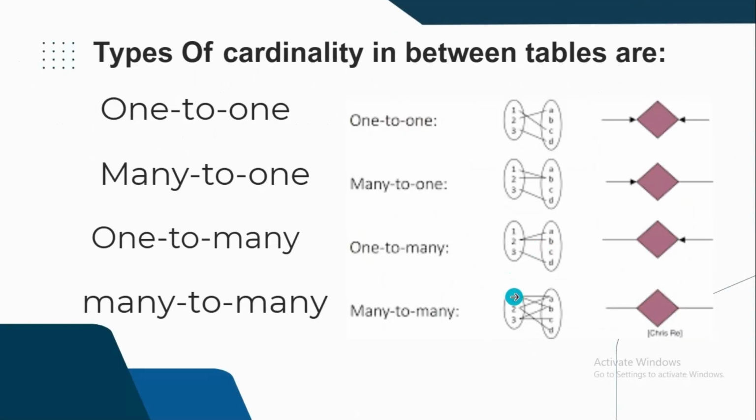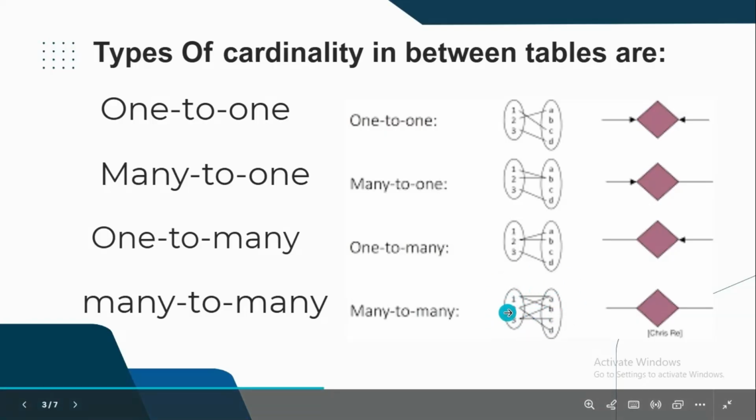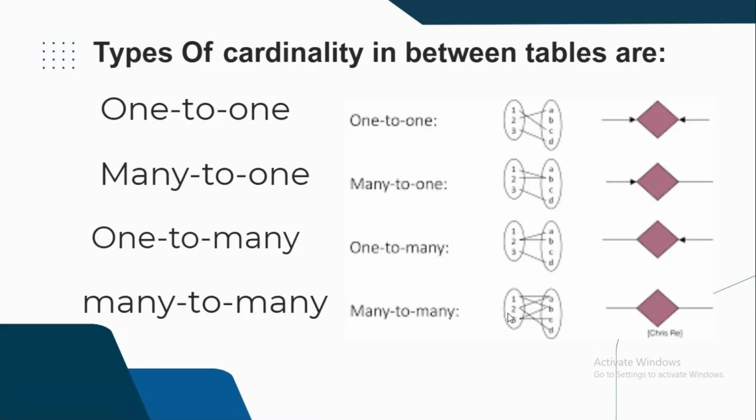Multiple records in entity set A can be related to multiple records in entity set B. Here you can see 1 is related to A, 1 is related to B, and A is related to 2. This is called many to many. For example, a student can enroll in many courses, and each course can have many students enrolled.